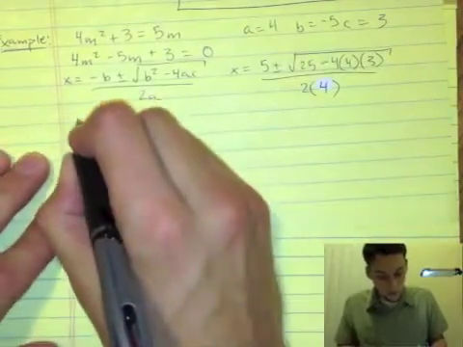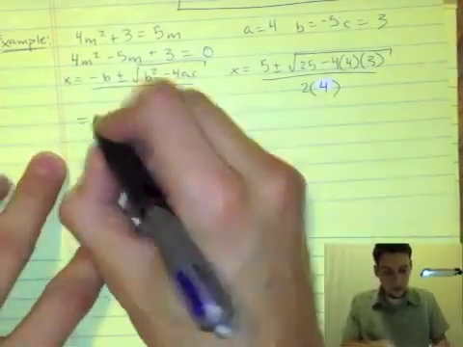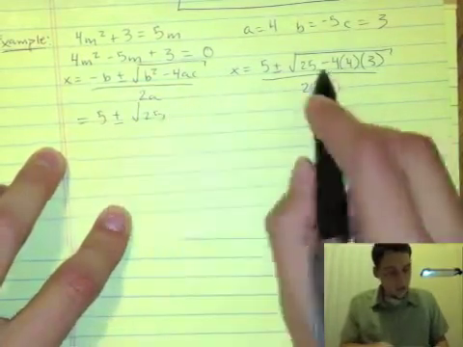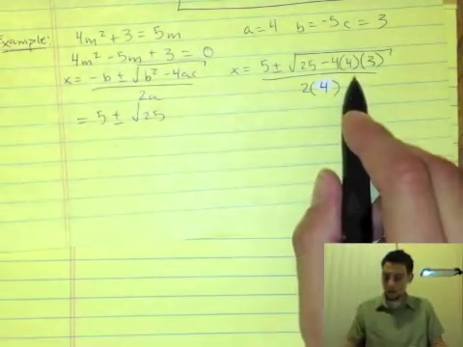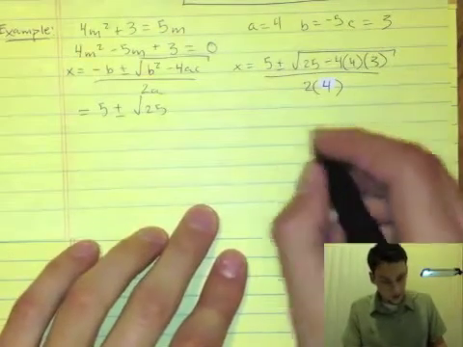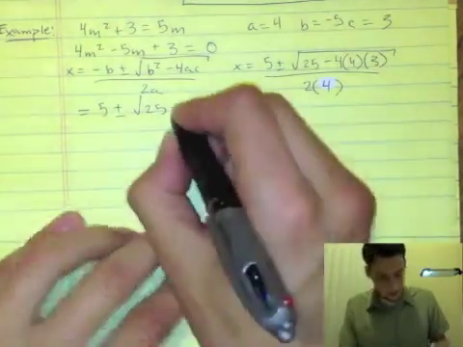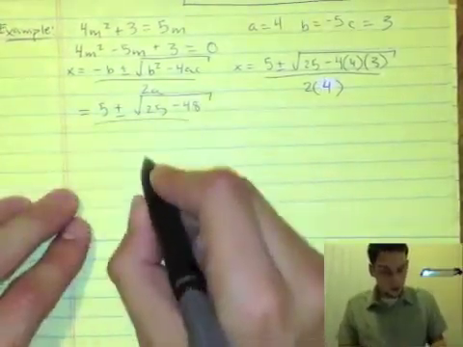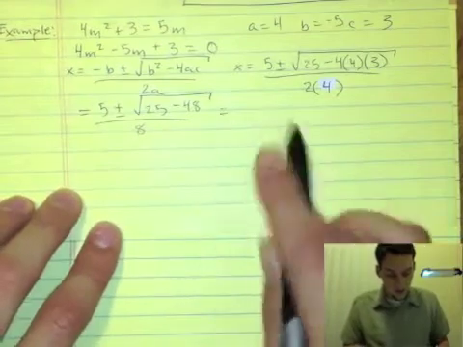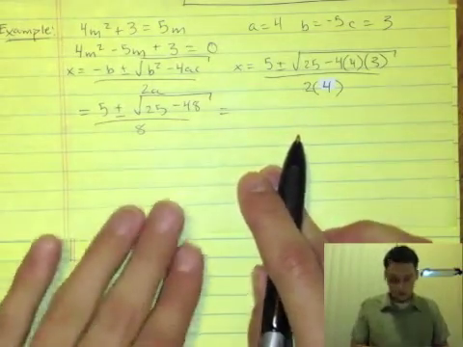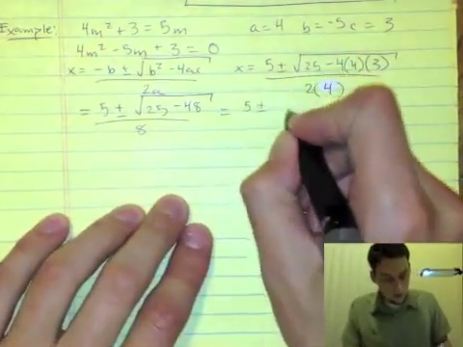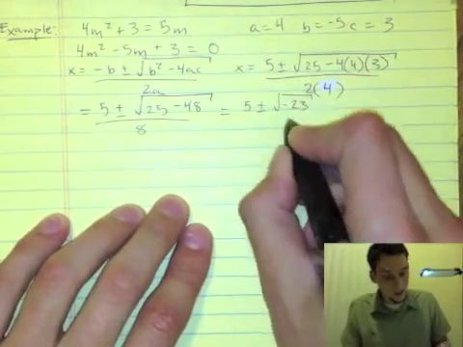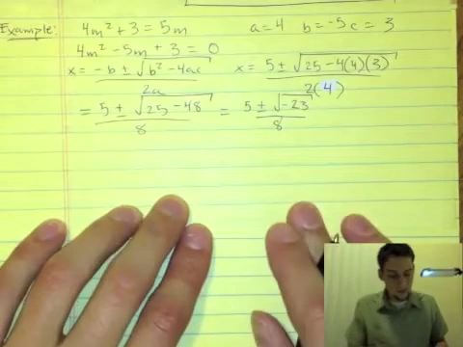So if we're simplifying, we'll have 5 plus or minus square root of 25, minus 4 times 4 is 16, times 3 is 48, so minus 48, all over 8, which simplifies further to 5 plus or minus the square root of negative 23, all over 8.